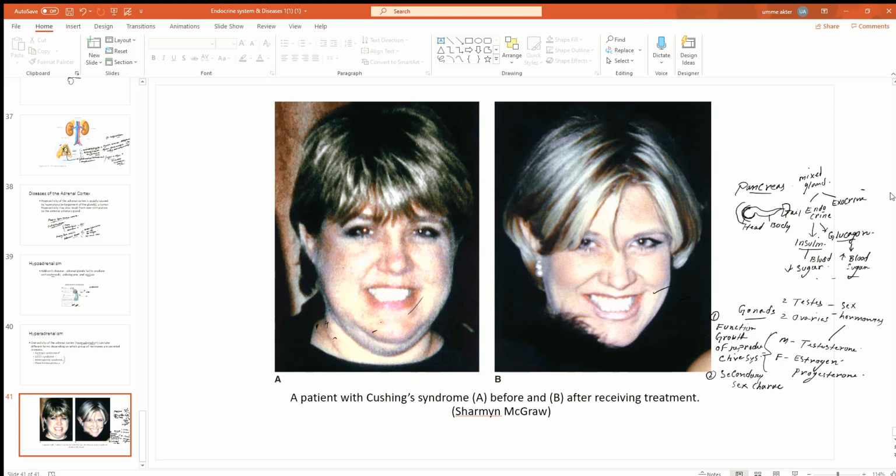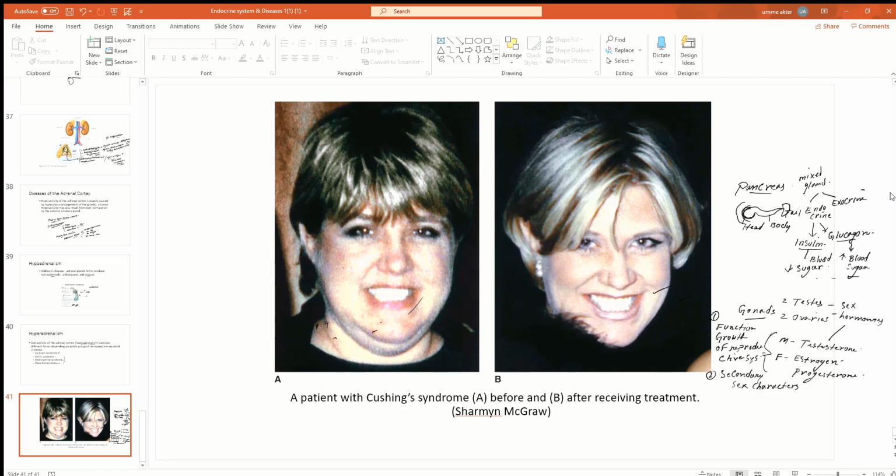What are the secondary sex characters? The characteristics in male and female body that you can separate a male from a female externally by looking at the external features. So those are given by the sex hormones.